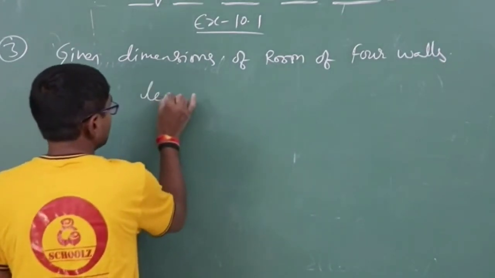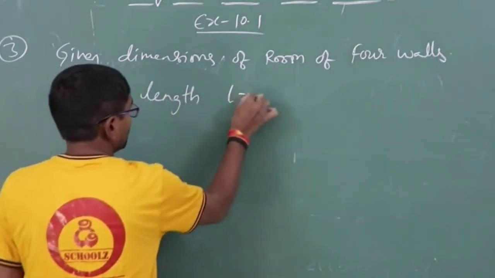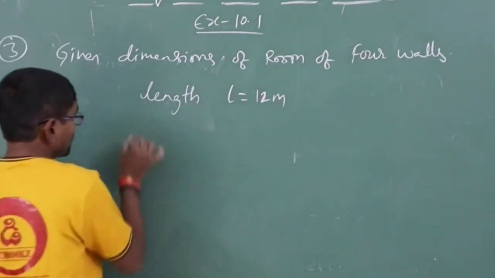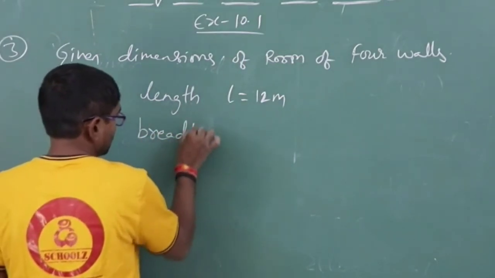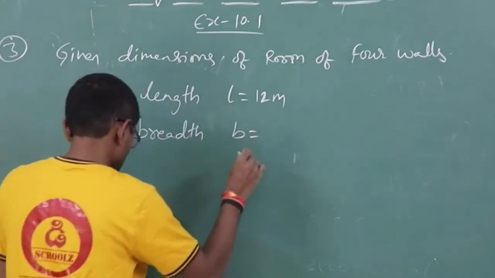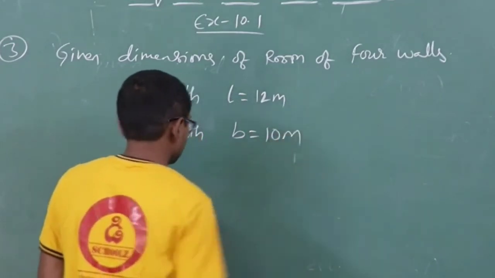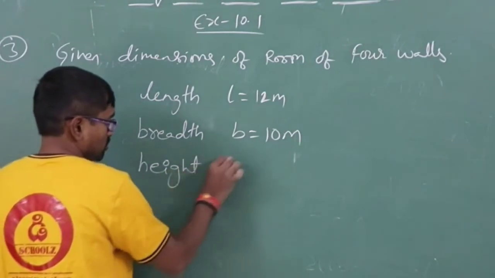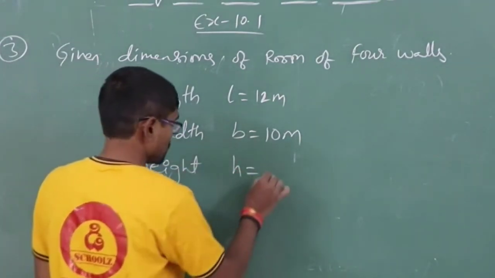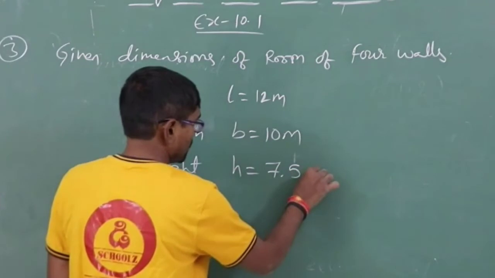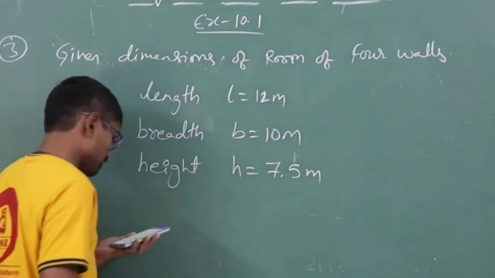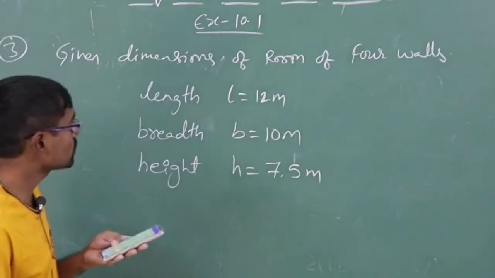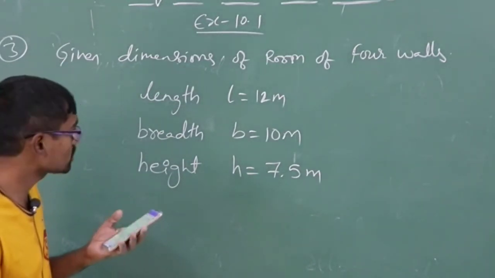Length is equal to 12 meters, breadth is equal to 10 meters, similarly height is equal to 7.5 meters. So length is 12 meters, breadth is 10 meters and height is 7.5 meters.